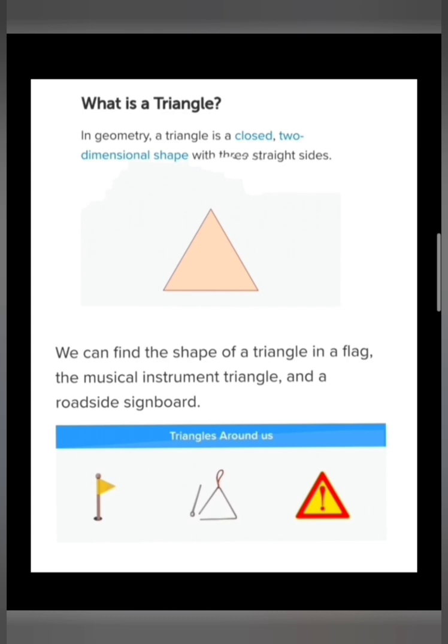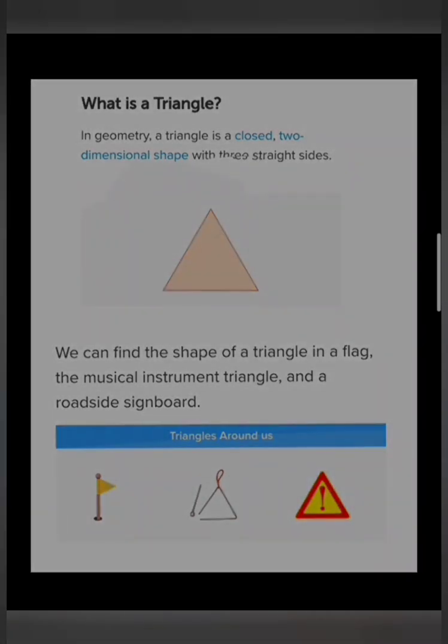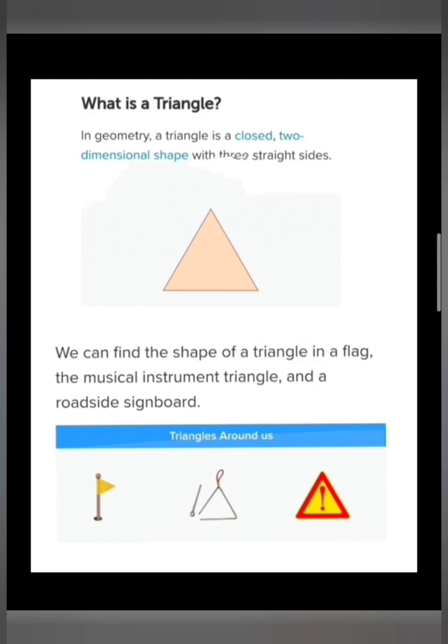What is a triangle? A triangle is a closed 2D shape with 3 straight sides. 1, 2, 3. These are the 3 sides of a triangle, and it has 3 corners where these sides meet.